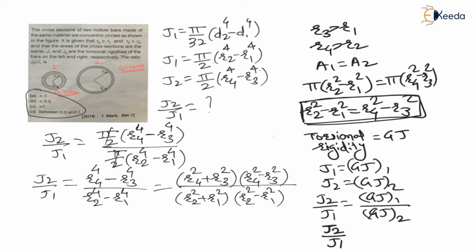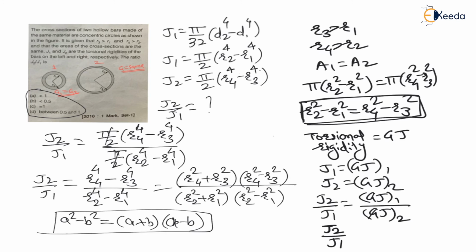We can simplify like this also, right? Because we have the relation that a square minus b square can be written as (a plus b) into (a minus b).